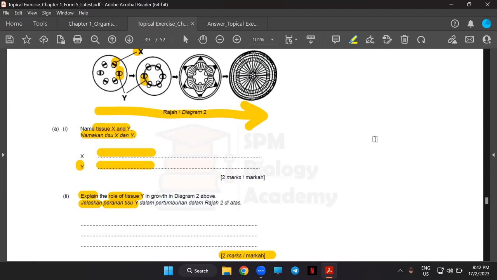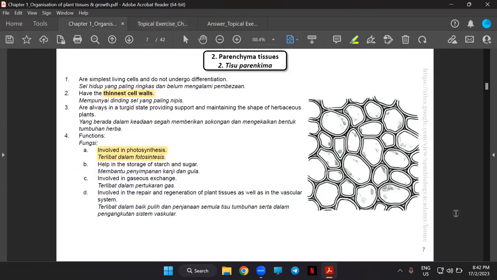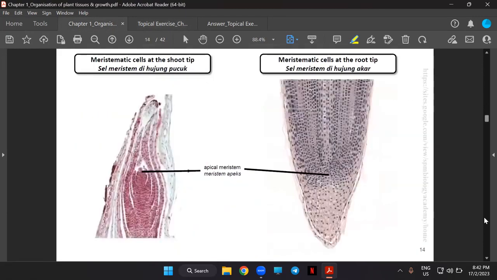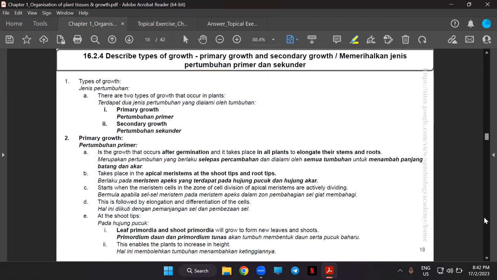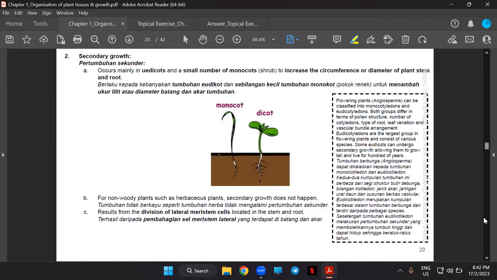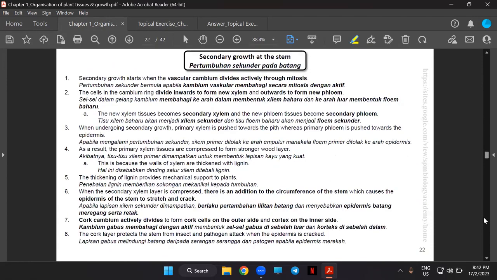So apakah fungsi cambium vascular cambium ini? Apa fungsi dia? Okay, let's see the note. We need to go under secondary growth. Now over here. Okay, right.